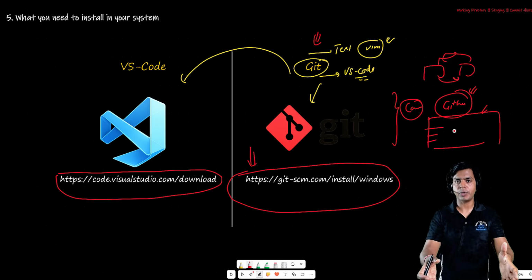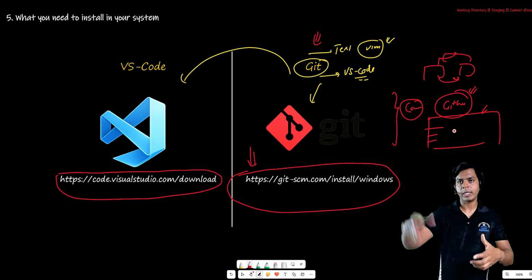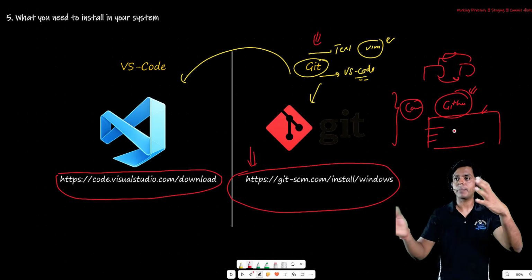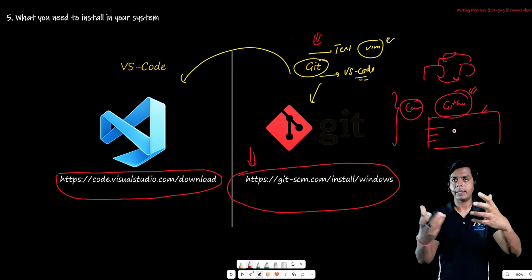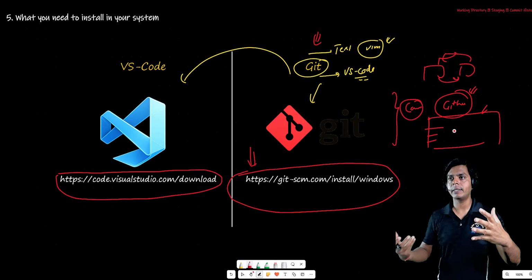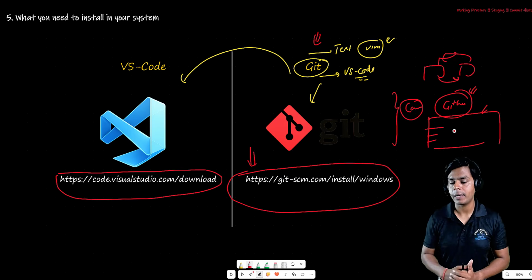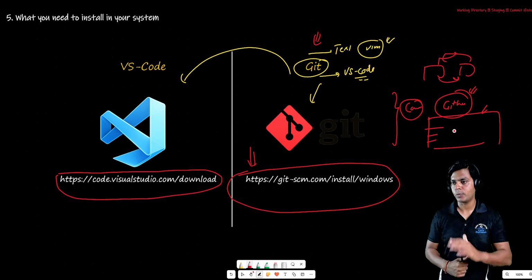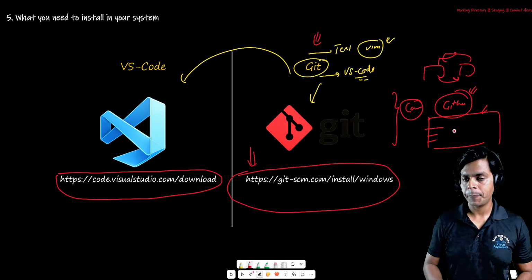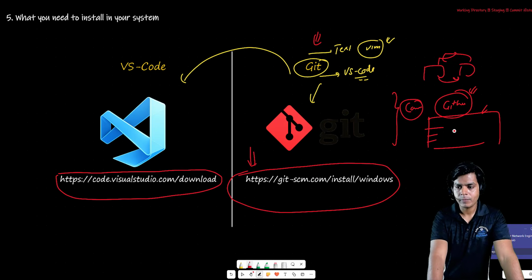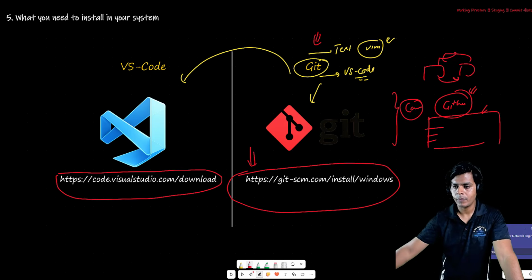Whatever snapshot you have right now, you can store it in the cloud created by GitHub, and then any other person in the world can take that snapshot and take the entire files on their system. It's a very interesting concept, and it is coming in the second and third class. Don't worry, we will go into detail. That's how, for example, international teams work on the same project. Indeed, you are right.